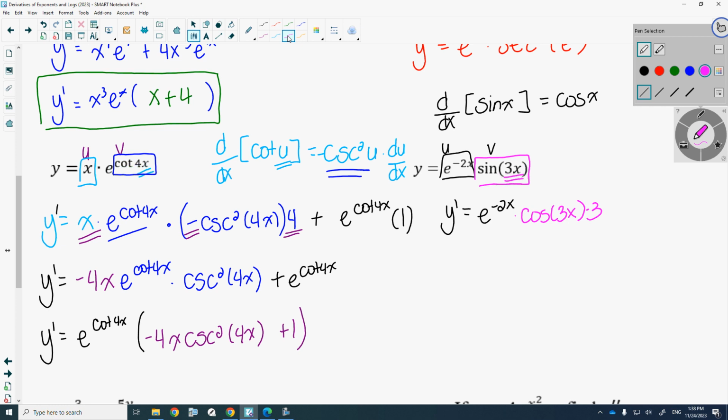So uv prime plus v and u prime. So the derivative of e to the negative 2x is e to the negative 2x, and then I need to differentiate negative 2x. So the derivative of negative 2x is negative 2.